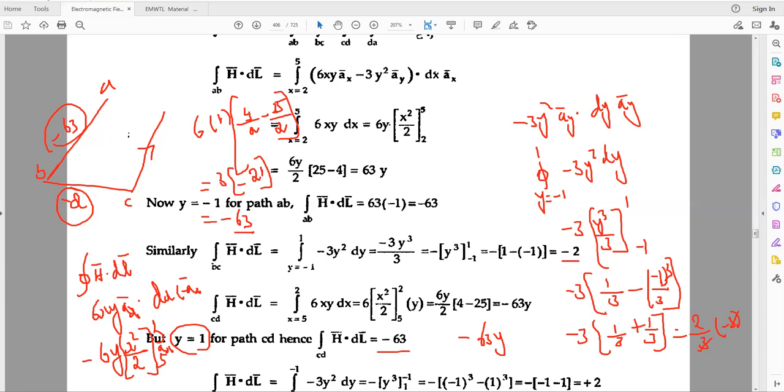Got it, my students? Then C to D is completed, with the value minus 63.